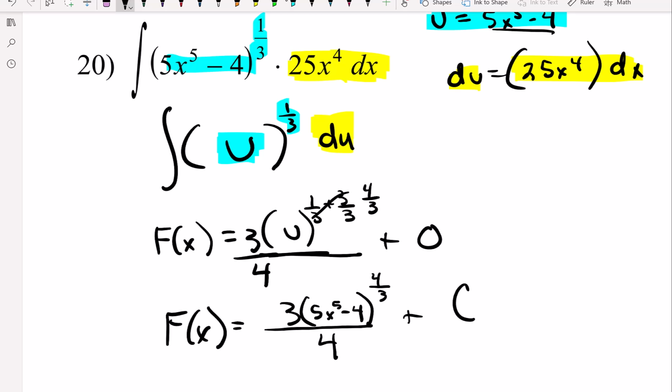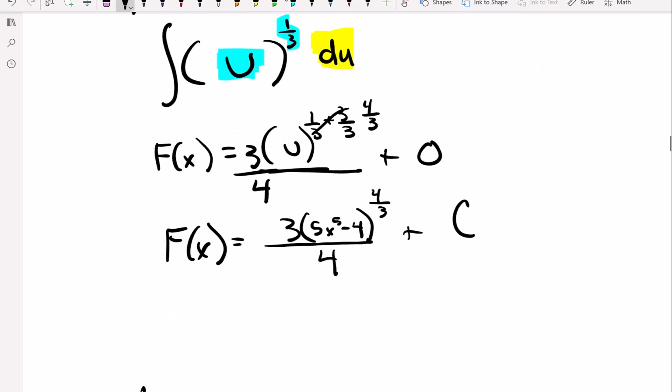And then what you could do is just check that out. You could take the derivative of that using the chain rule. So the 4/3 comes down in front.